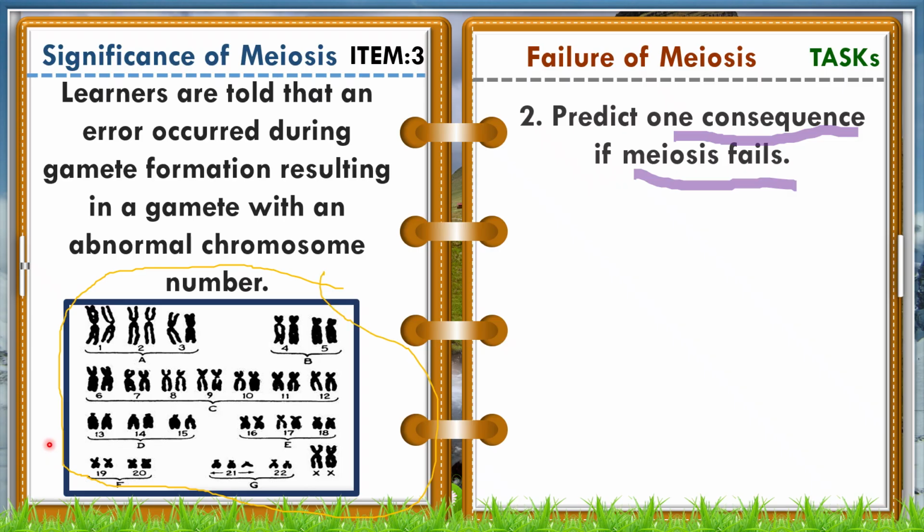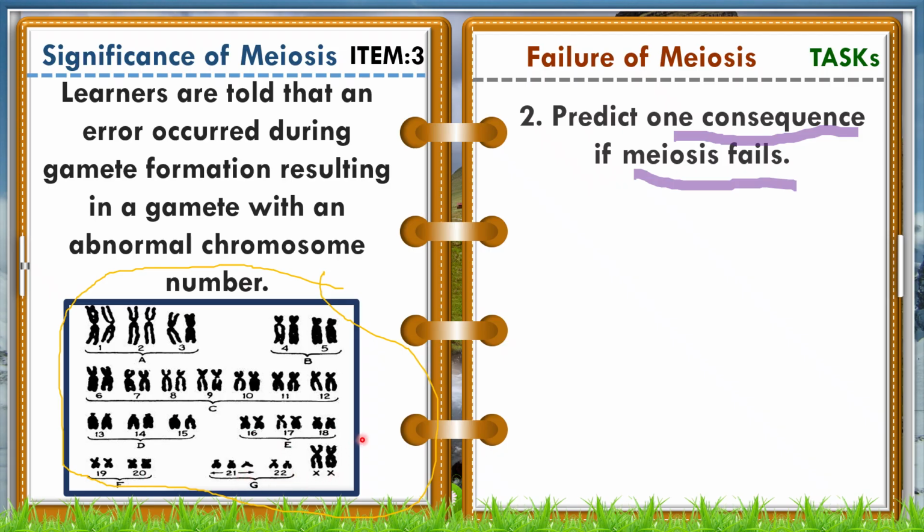We said that we have a diploid number of chromosomes in a normal organism, making it 46 chromosomes. Those are 23 pairs. So when we count the pairs here, we have 1, 2, 3, 4, 5, 6, 7, 8, 9, 10, 11, 12, 13, 14, 15, 16, 17, 18, 19, 20, 21, 22, 23.